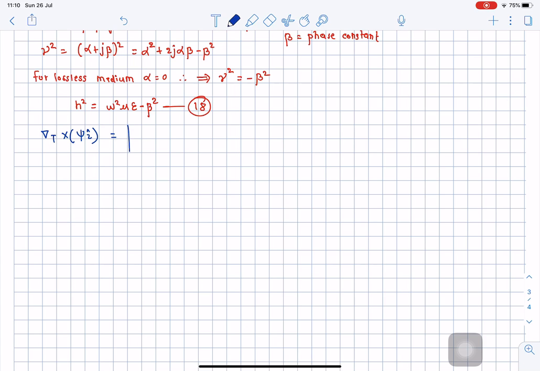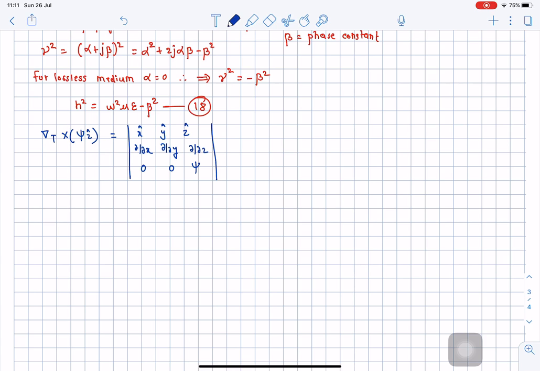It is represented as a matrix of x cap, y cap, z cap; del by del x, del by del y, del by del z. Only the z component is there, so the x component is 0, the y component is 0, and the z component is psi.